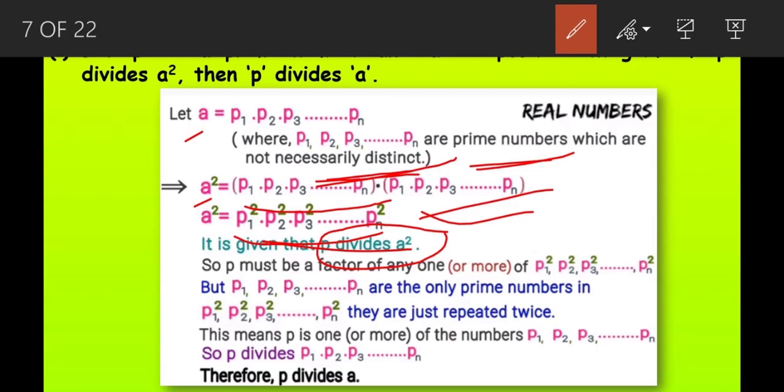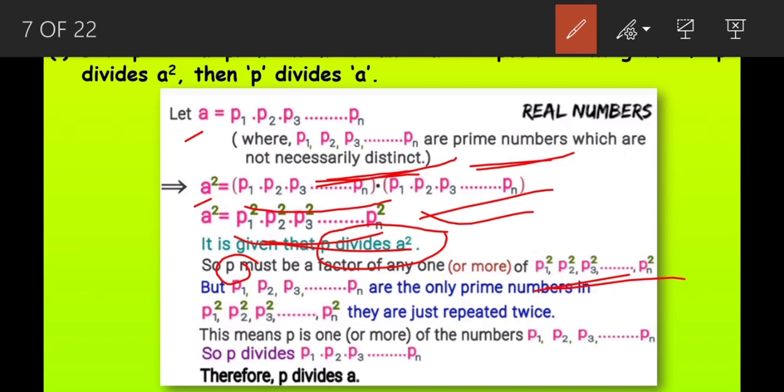What is a square? p1 square into p2 square into p3 square and so on up to pn square. So p must be a factor of any one or more of these, p1 square, p2 square, p3 square.